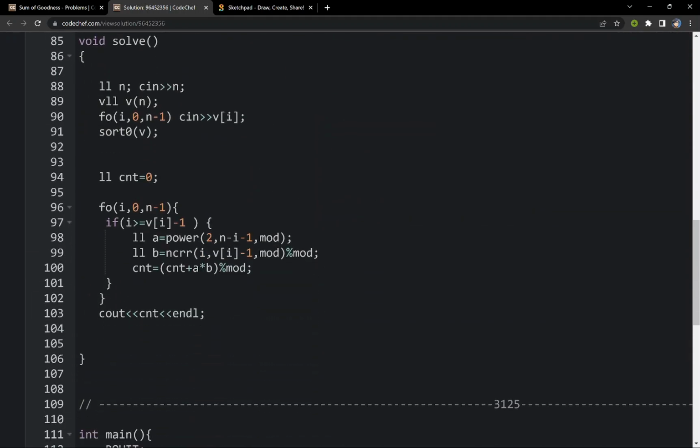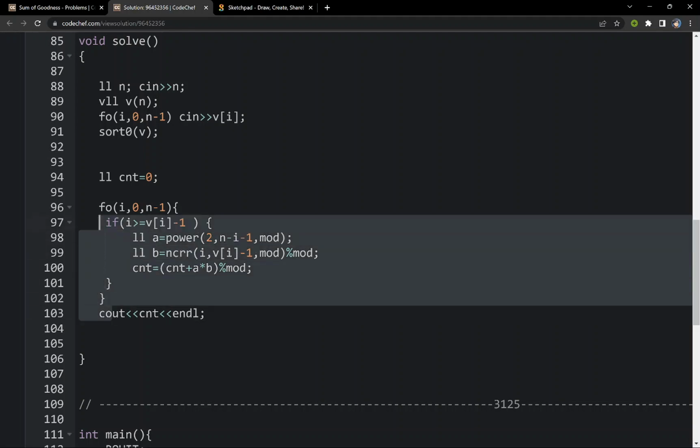The time complexity of calculating the power is log n, so its complexity is log n, and overall the time complexity will be n log n. So that's why it is an accepted solution.